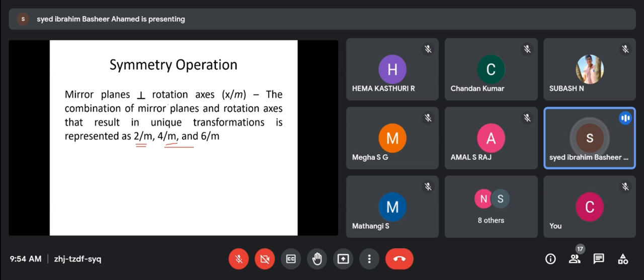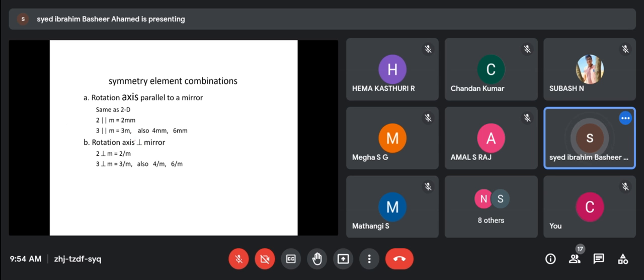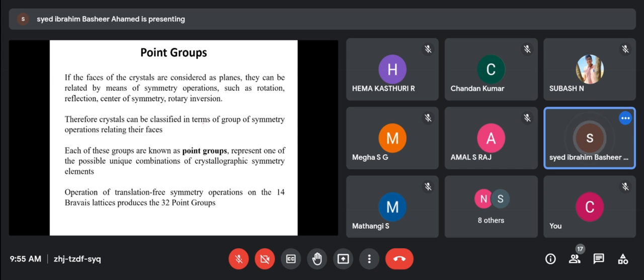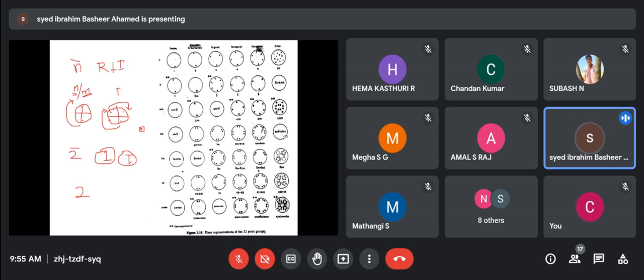Okay. You have a rotation axis and a mirror plane. This mirror plane is perpendicular to the rotation axis. So you may have a mirror plane just like this. You will have a rotation axis and mirror plane. Here they are parallel to each other. All right, rotation axis and mirror plane are parallel. So here, that's what we are seeing.